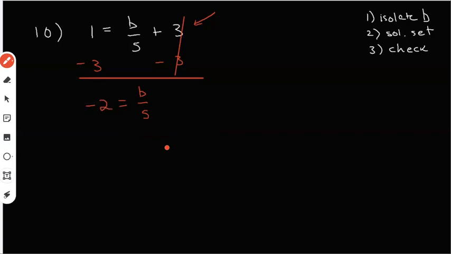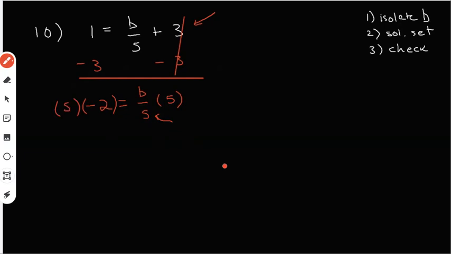Okay, so the last thing I need to get rid of to get b by itself has to be this 5 in the denominator. And notice I'm dividing b by 5. So I do the opposite of division to get rid of the 5. And the opposite of division is multiplication. I'm going to multiply both sides by 5. So I put a 5 in parentheses next to the fraction, and then I put the negative 2 in parentheses as well because I'm about to multiply it by 5, right?